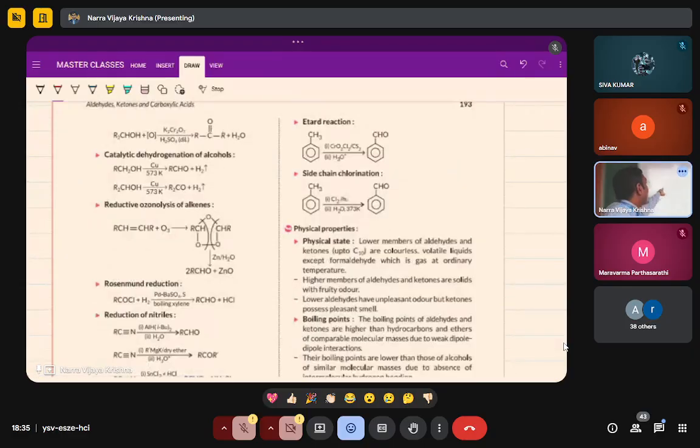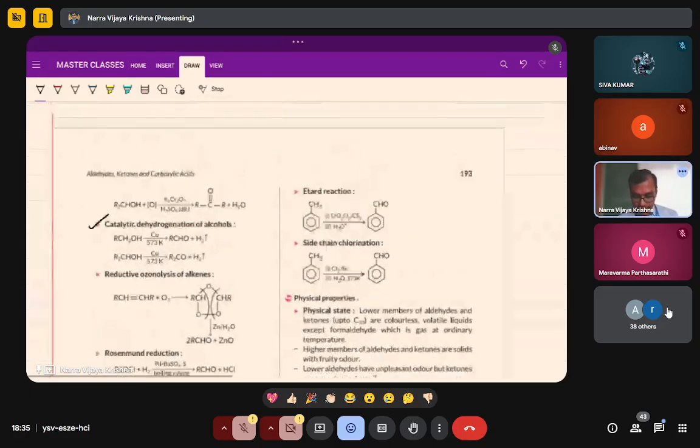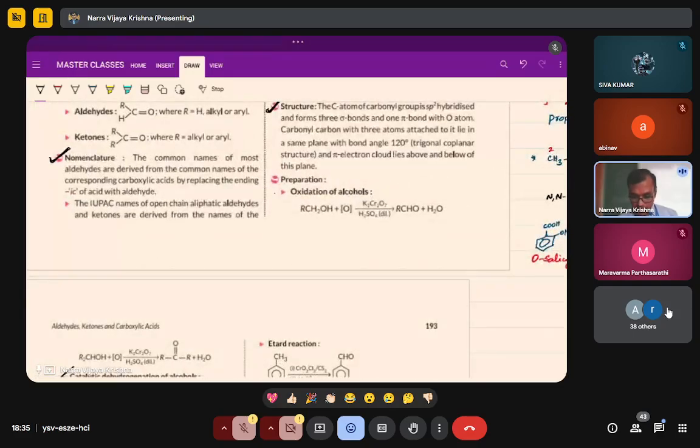Below that, in the presence of a catalyst, primary alcohol with copper gives aldehyde. Secondary alcohol with copper gives ketone. If it is a tertiary alcohol with copper, alkene. Is it clear? Respond. Any questions in that? Online, do you have any questions? No, sir. So we are done with this point as well as this point.